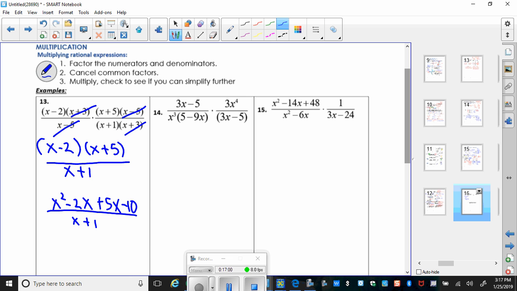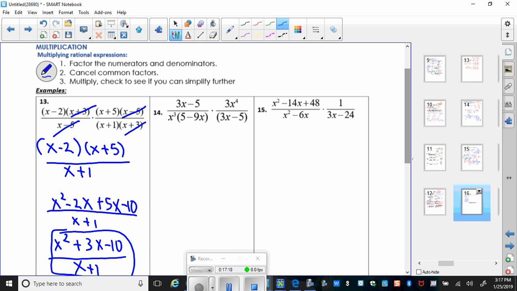Combine like terms, I get x squared plus 3x minus 10 over x plus 1. Final answer. So we did a lot of work here, sort of. We canceled out common factors, and then we multiplied the two binomials.